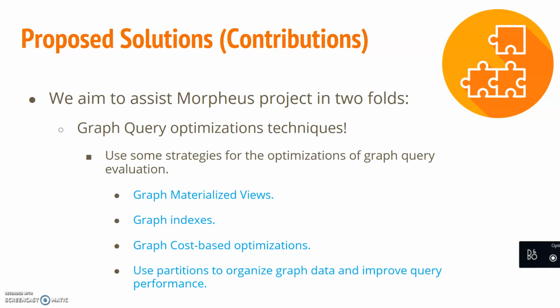We can make materializing of the intermediate results in these graphs. We think also to extend the Catalyst query optimizer of Spark SQL to be graph aware, providing some graph-aware cost-based optimizations to it. Last but not least, we propose to use graph partitioning techniques to organize the property graph data and improve the query performance.